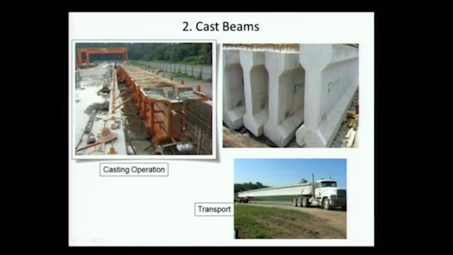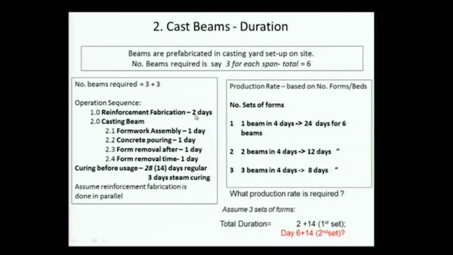What is the sequence? You will find that this reinforcement can be tied somewhere else, placed here, and then the formwork can be built around it. So I don't need to do this 2 days in sequence to the casting part of it. Basically if we get into detail, assume the reinforcement fabrication is available.